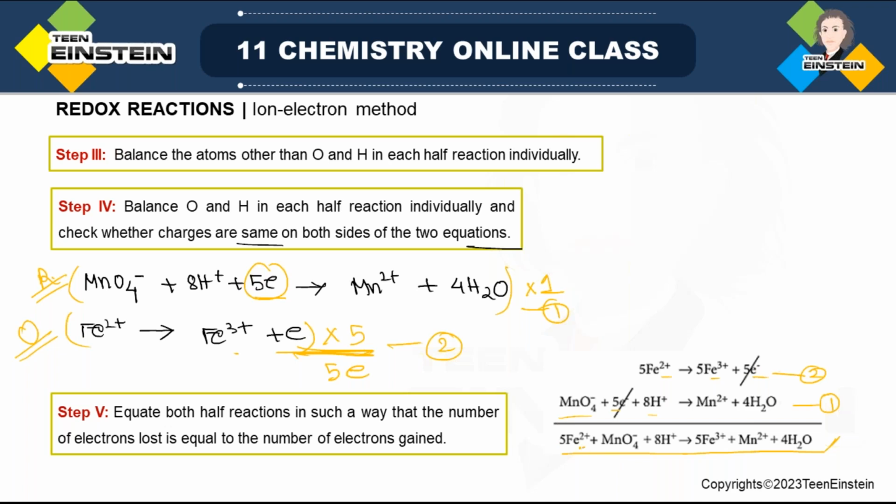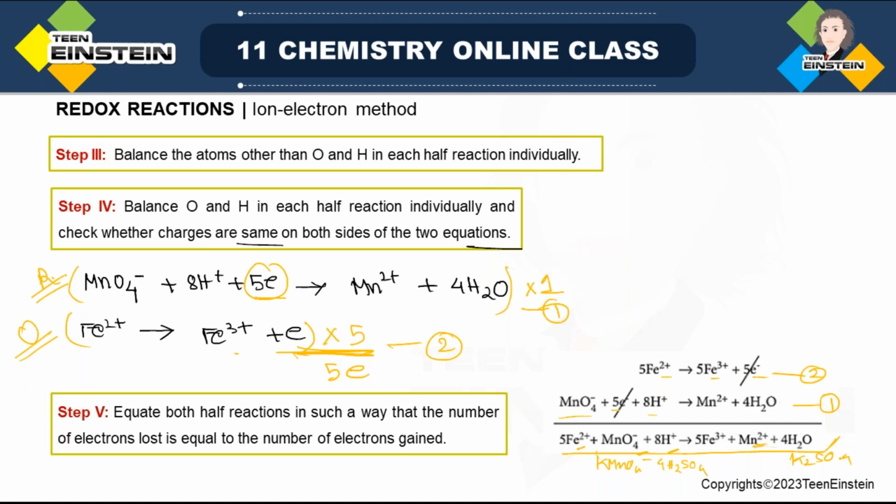If you add SO4, it will be 5FeSO4, KMnO4, and 8H+ you can write as 4H2SO4. Though mostly it is done in ionic form, still for extra information, I am just saying how it will change if we convert the ionic equation to the molecular equation. Then Mn you have to write as MnSO4, and then the potassium that you have added here, you have to write K2SO4. So like this, you can write the corresponding molecular equation.